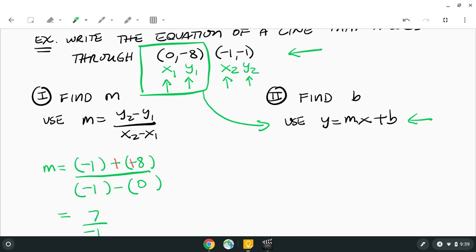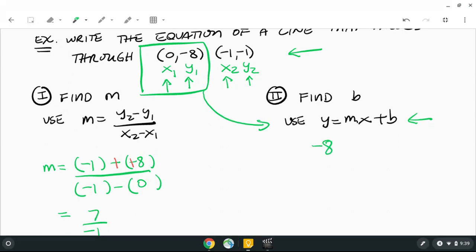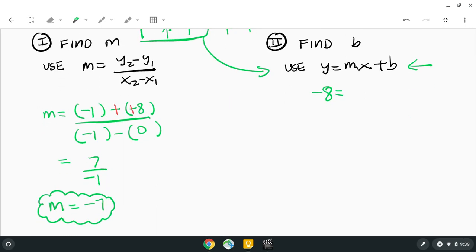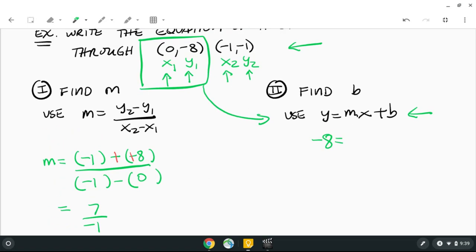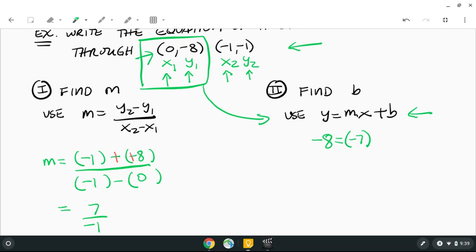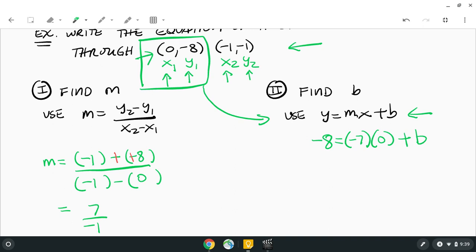Okay, all right, so let's plug in for y. Y is going to be -8. Our slope, we found out down here, is -7, right? Slope is -7. So I'm going to plug in -7 over here for m. And then I'm going to plug in for x. So that's over here, 0. And I am solving for b. Okay?